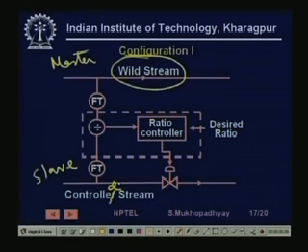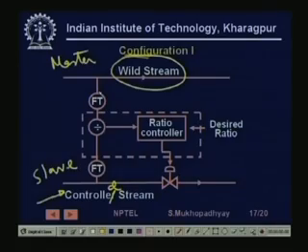So basically our idea is that if the wild stream changes, we must change this stream in such a manner that the ratio of the volumetric flow rate in the wild stream and the volumetric flow rate in the controlled stream is maintained as constant. This is our objective.